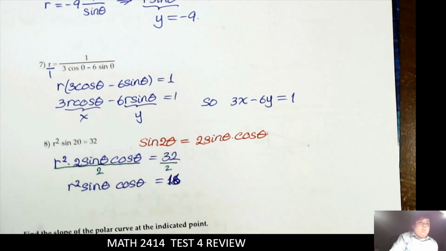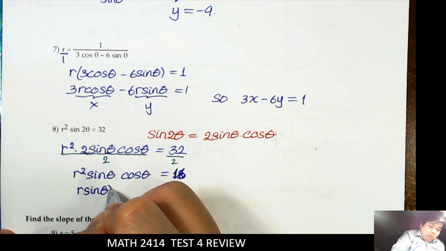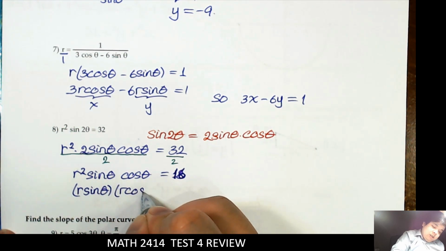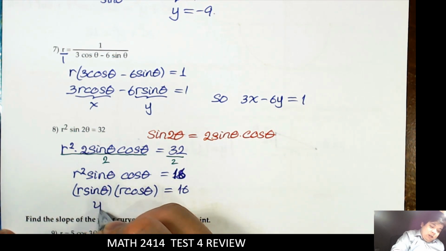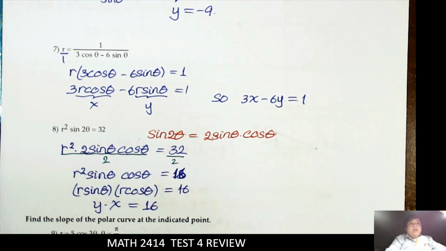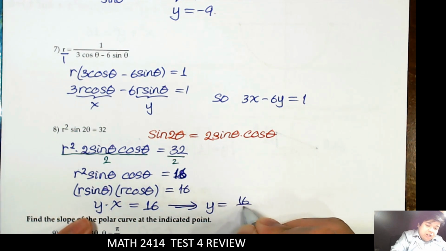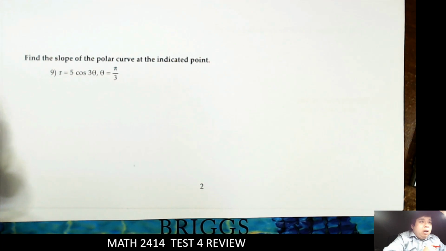And then for r squared, we split that into r and r, and we keep one of them with sine and one of them with cosine, because ultimately that is y and that is x. So x times y equals 16, or we can also write y equals 16 over x. Either way, it works.